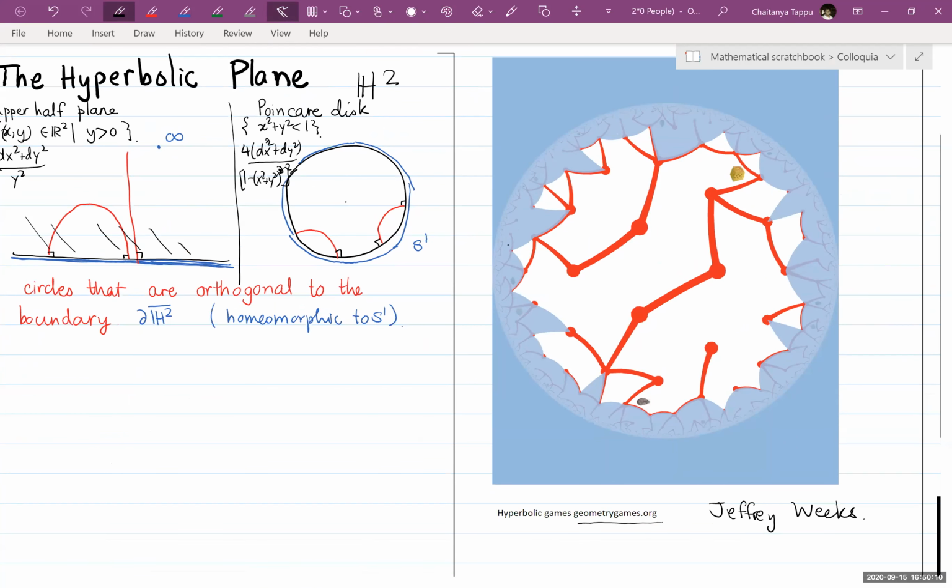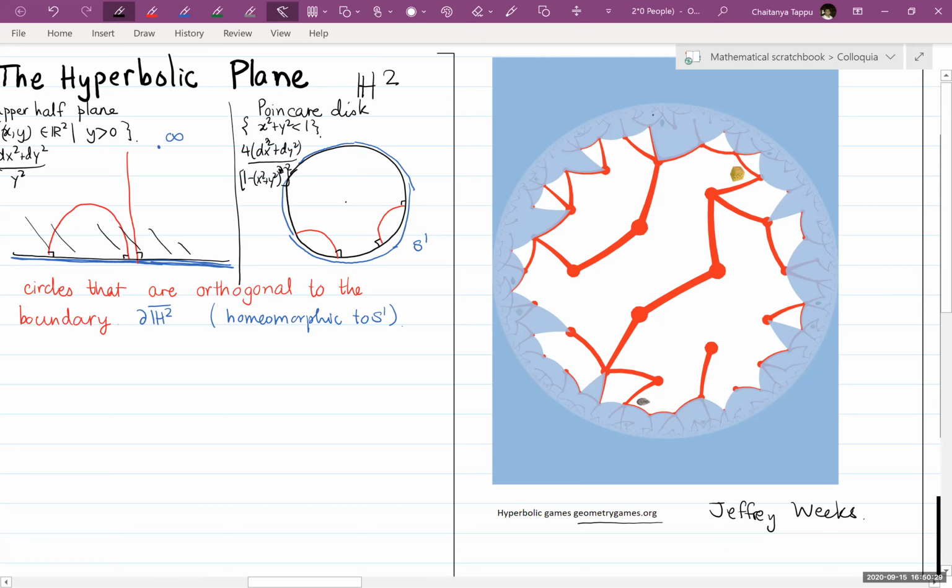What else did I want to say? Yeah. So the metric becomes really large. This denominator factor in the metric becomes really large as you go to the boundary.